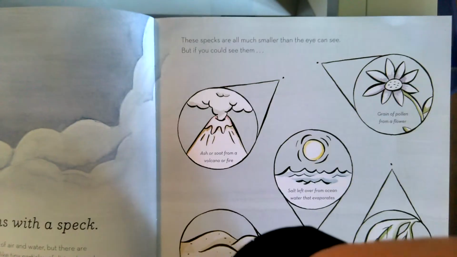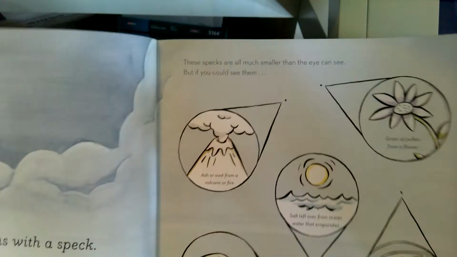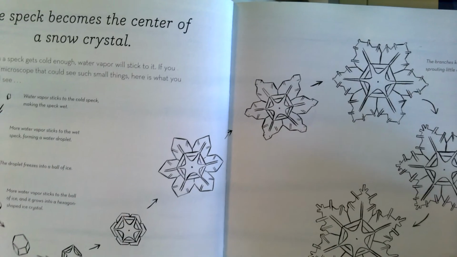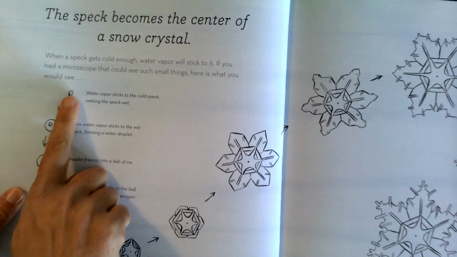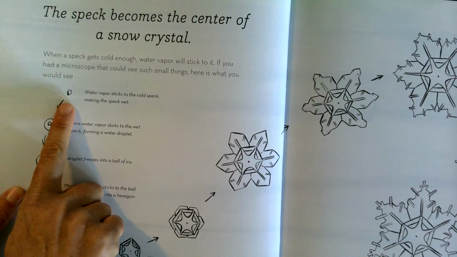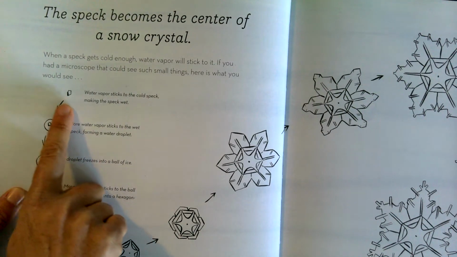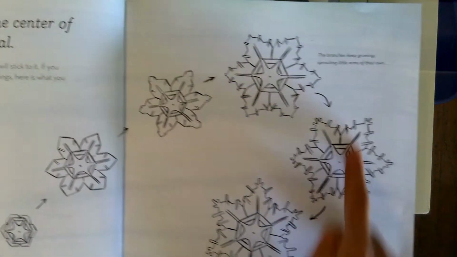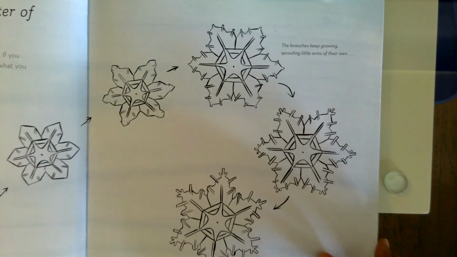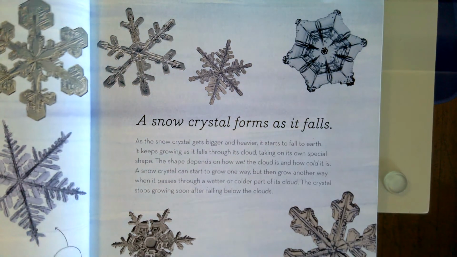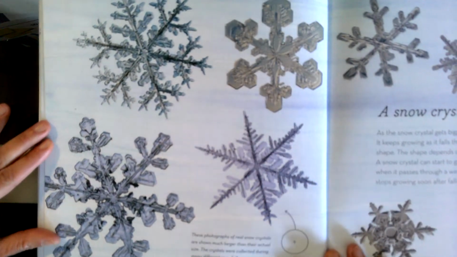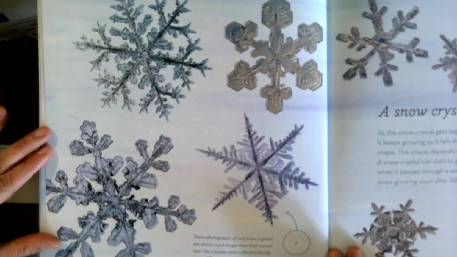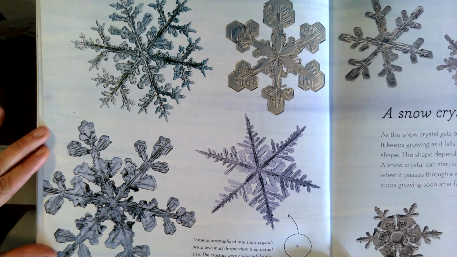Woohoo, magic. Camera flip. I think I left off on this page, right? You remember the speck with the water vapor growing into an actual snow crystal. Ooh, these look like magnified pictures of actual snow crystals.